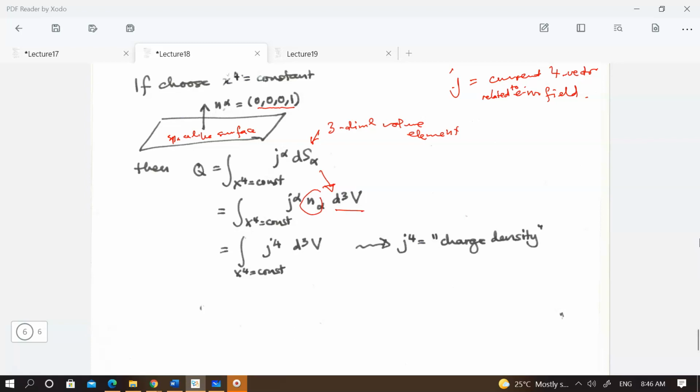Now putting n alpha to be a vector with zeros for the first three components, the only non-zero component is the fourth component, so I will have J4 over there, and J4 will be integrated over a three-dimensional volume element over this constant surface. J4 is essentially related to the idea of a charge density.